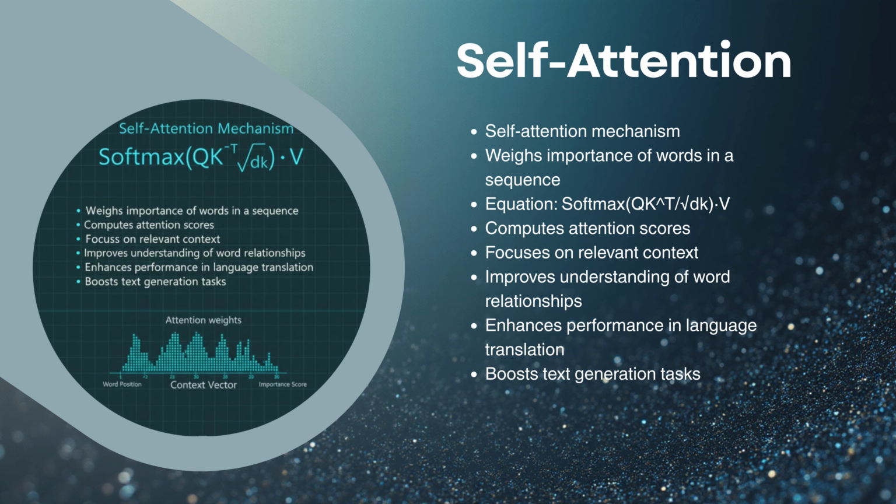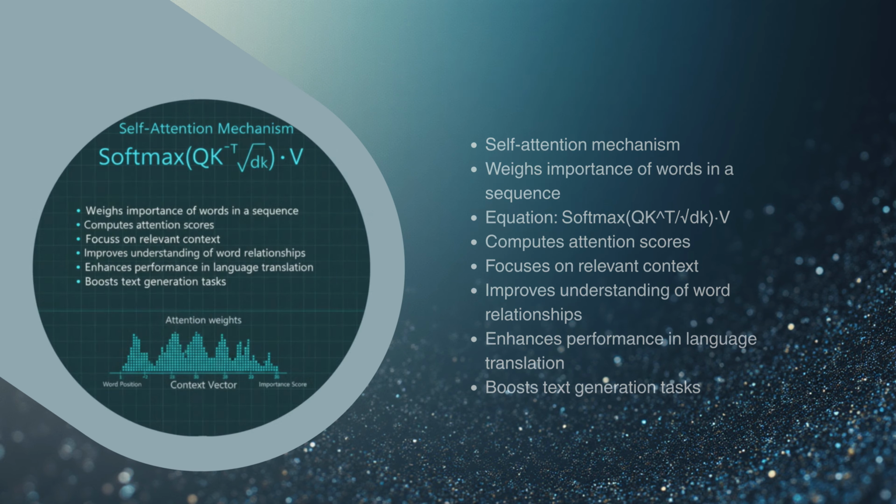In causal language modeling, a triangular mask zeroes out future positions, so the model only attends to the past. This mechanism replaces recurrence with direct, parallelizable context mixing.